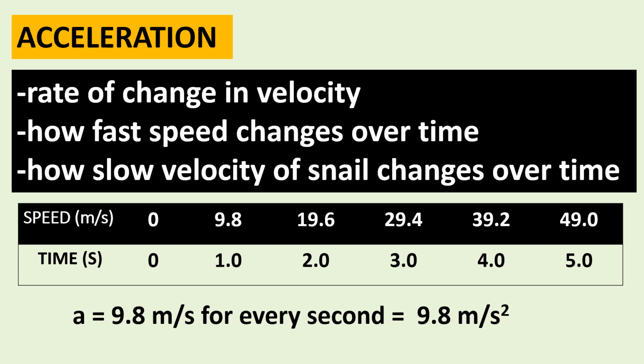And then in the next second, or time elapsed of 3 seconds, the speed is now 29.4 meters per second. Then, after 1 second again, or after 4 seconds from the beginning, the speed is now 39.2 meters per second. And finally, after another 1 second, or a total of 5 seconds, the speed has now become 49 meters per second.